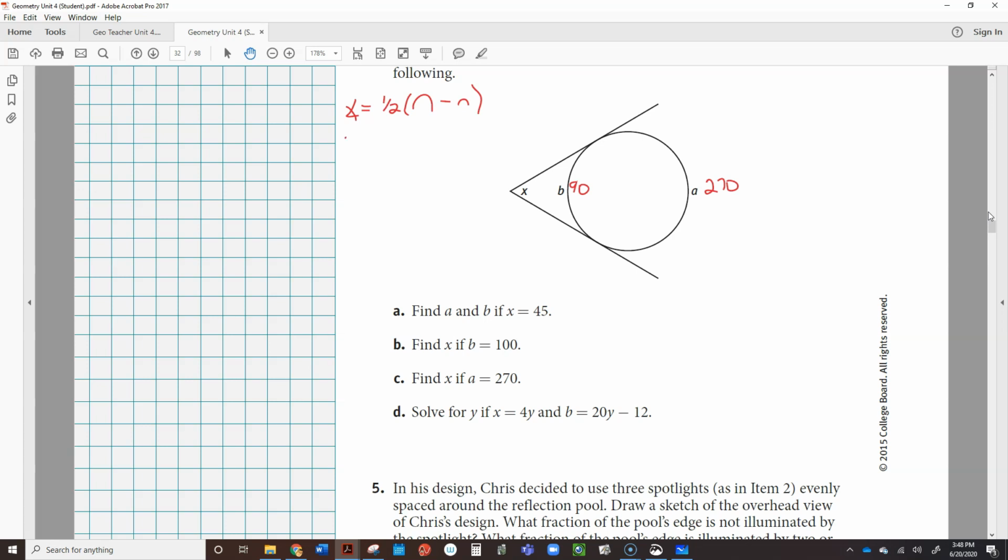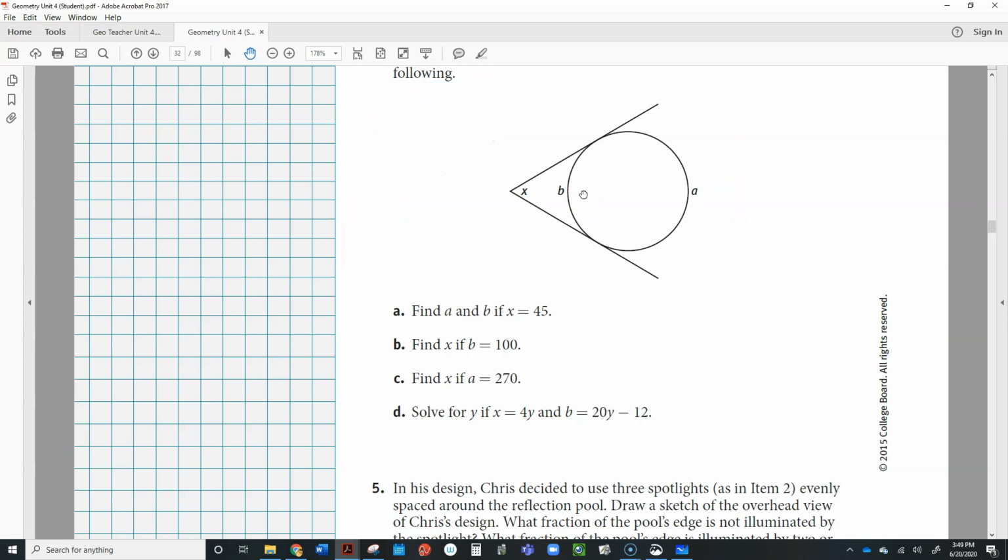In this case, X is the angle measure, the big arc is 270, and the little arc is 90. X is equal to half of 180, so X is equal to 90. You should get the same answer regardless of how you get there. As long as you're doing it right, the path you choose doesn't matter.